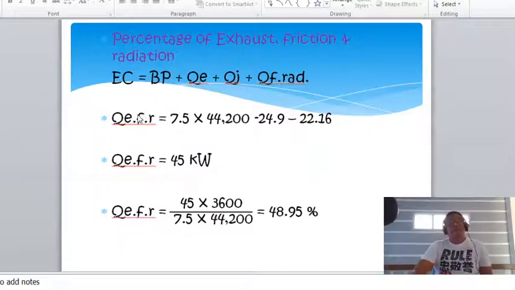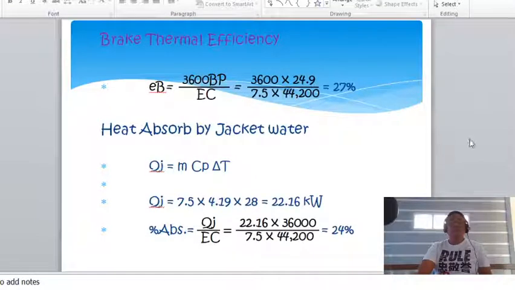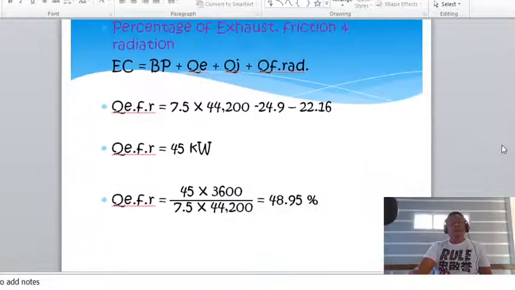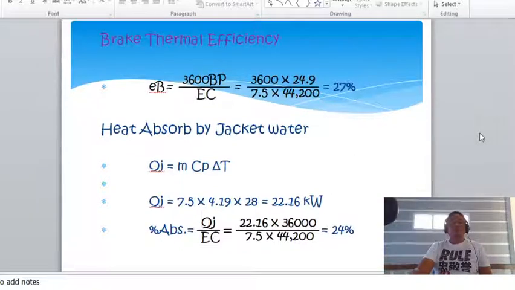Combining the heat carried by the exhaust plus the heat by radiation and other unaccounted losses, QEFR, Q exhaust, friction and radiation, equals 7.5, the mass of fuel entering the engine, multiplied by the heating value of the fuel, minus the brake power and the heat carried by the jacket water, that is 24.9 minus 22.16.